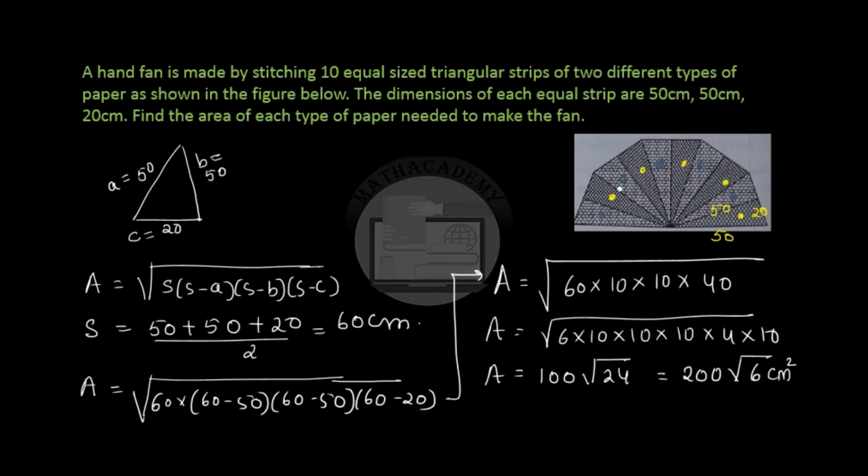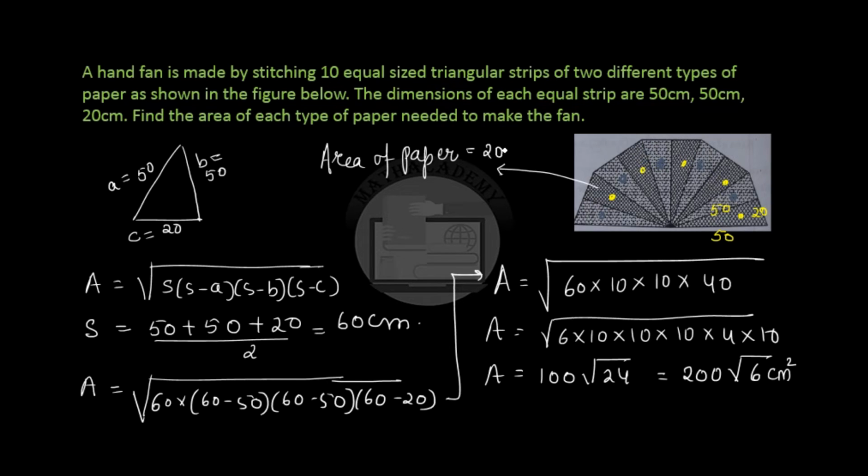Now there are 5 triangular sheets of one type and the other 5 are of the other type. So how much paper is needed for each type of paper? For this type of paper, the area of paper needed will be, there are 5 such triangles of this type.